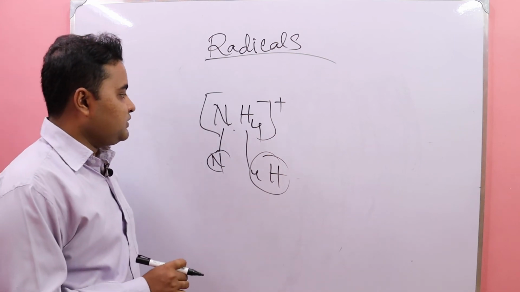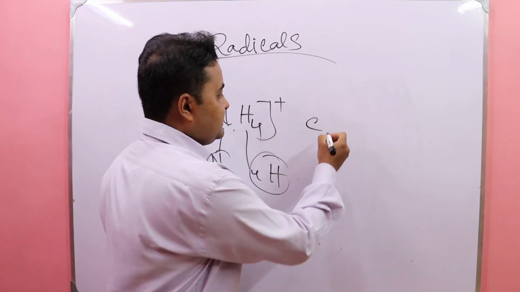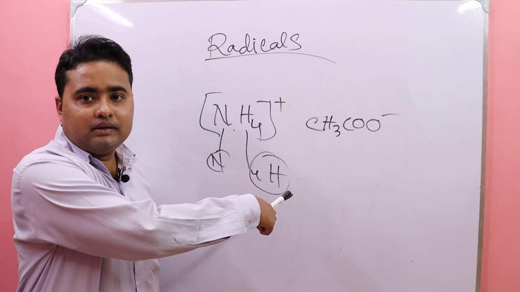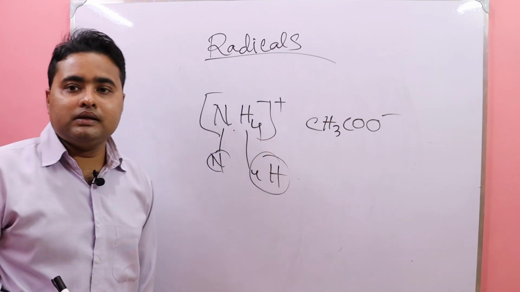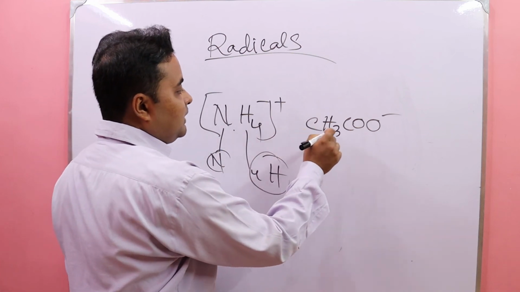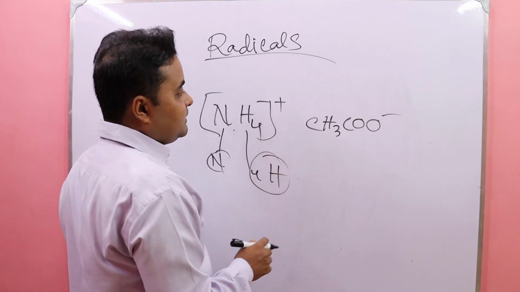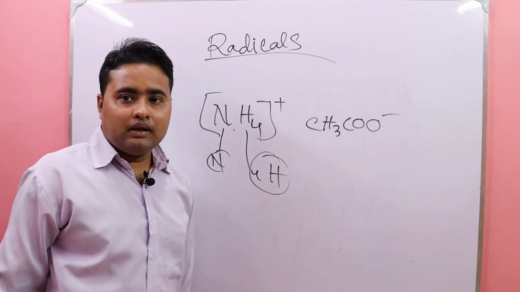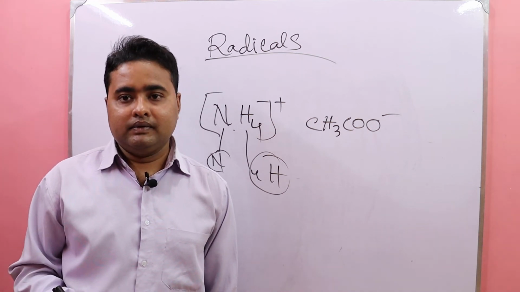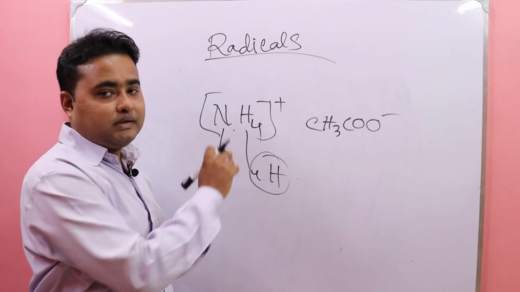Another example is CH3COO minus. This is a negative radical, but here a group of atoms is present, that is 2 carbon atoms, 3 hydrogen atoms and 2 oxygen atoms, and it forms a radical. This is a good example.